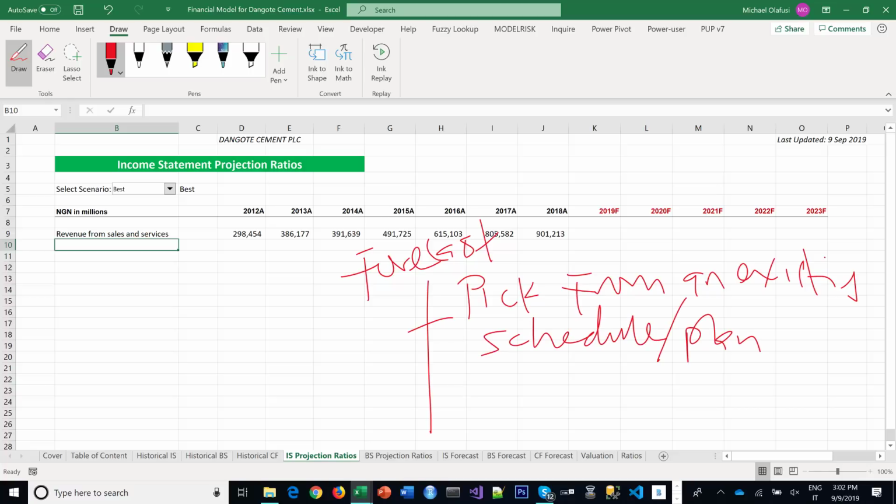So if I have a revenue schedule that shows all the breakdown of the products of the company, and then maybe the unit economics, how many units of each product they plan to sell, and all like that for the next 5 years, then I will want to use that. Or if I don't have, then I will want to pick a forecast ratio.